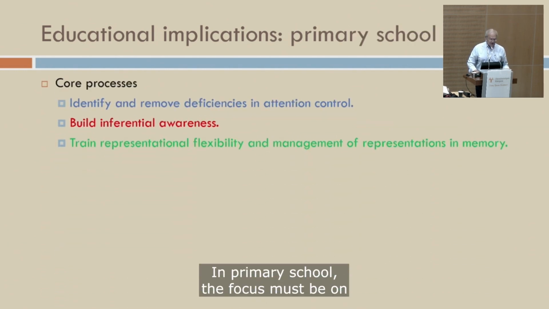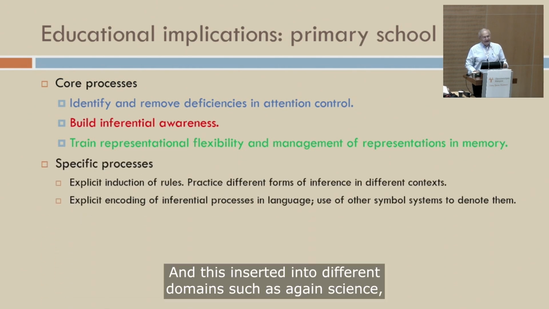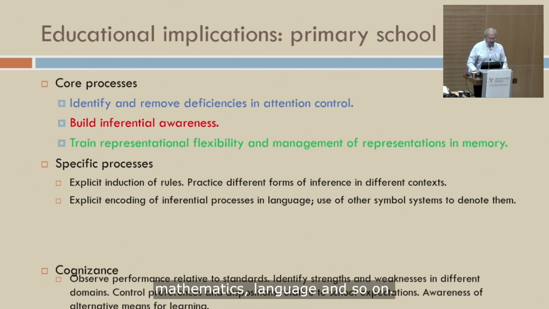In primary school, the focus must be on building inferential awareness and inferential flexibility. Training logic, actually. And this inserted into different domains such as, again, science, mathematics, language, and so on.